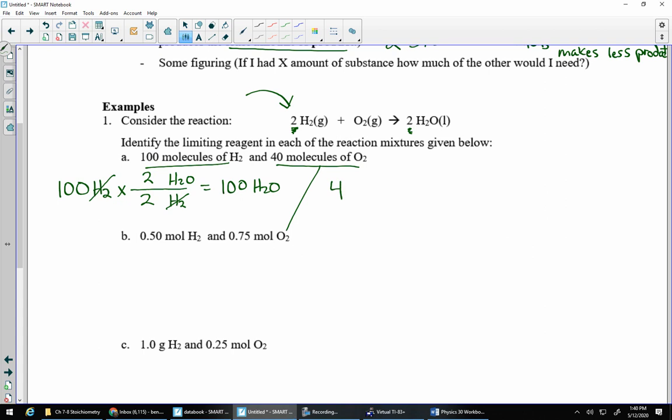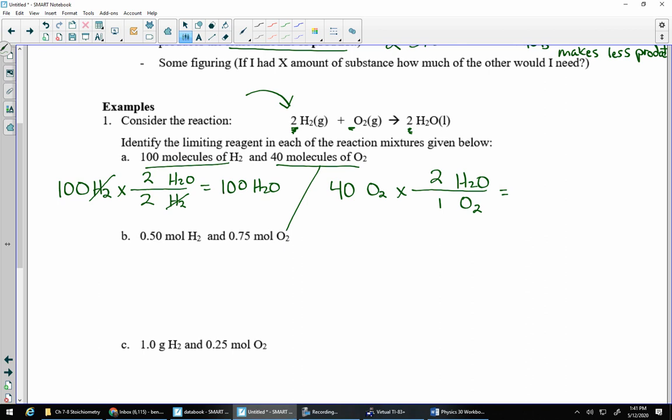I've got 40 molecules of oxygen. I'm going to cancel out the molecules of oxygen and end up with H2O. So again, we're figuring out which one makes the least product. One oxygen makes 2 waters, so it's a mole ratio of 2 to 1.